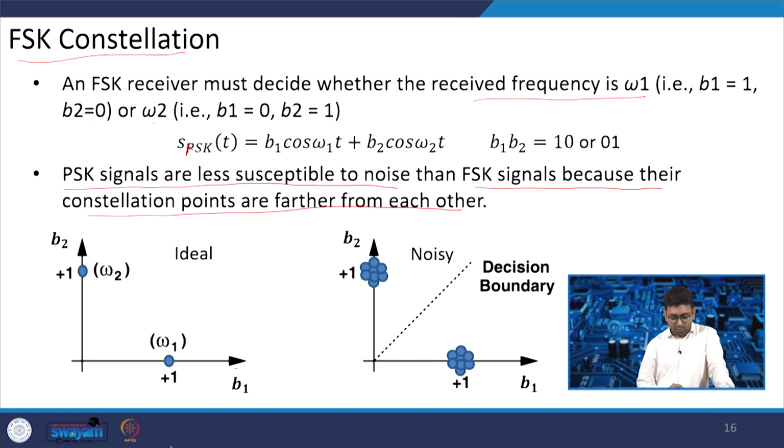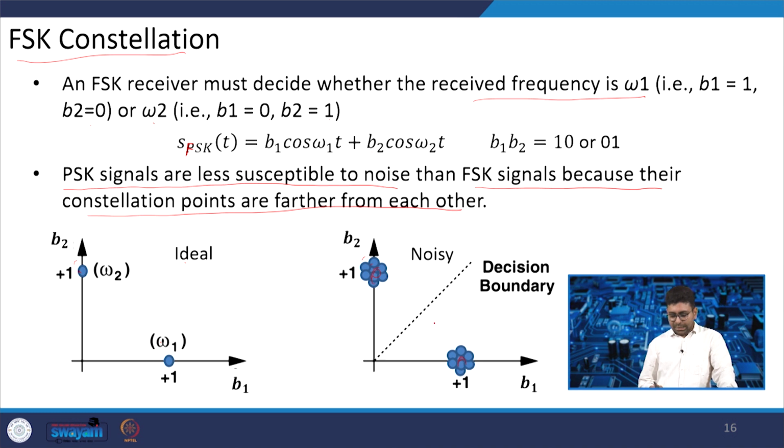However, in the FSK signal, B1 and B2 have an omega 1 frequency and an omega 2 frequency. This is the ideal that we have transferred, and if there is a noisy channel, then the amplitude and frequency are different at this point, and here also there is a change in the frequency.